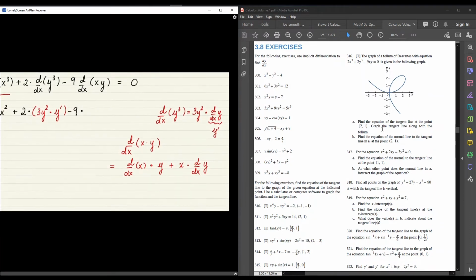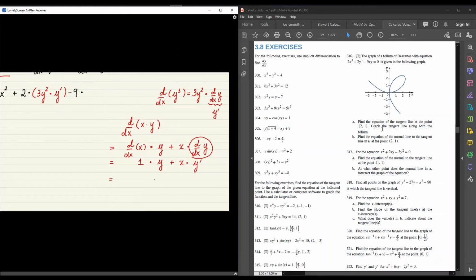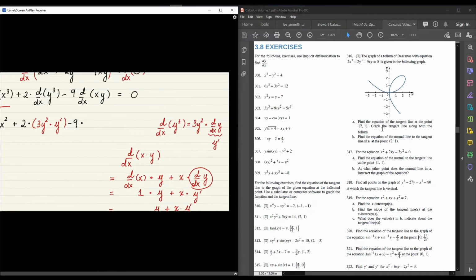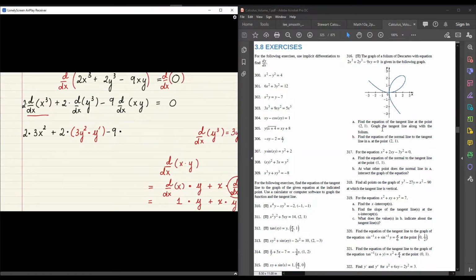The derivative of x is 1, multiplied by y, plus x. And here again, I can rewrite d/dx of y as y prime. So it will give me that this is equal to y plus x times y prime. Let's plug that back into the original equation. So this is the same as y plus x times y prime, and this whole thing equals 0.